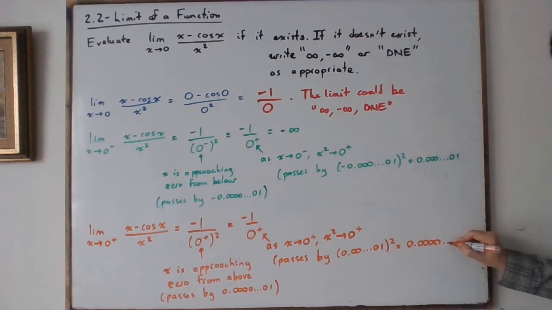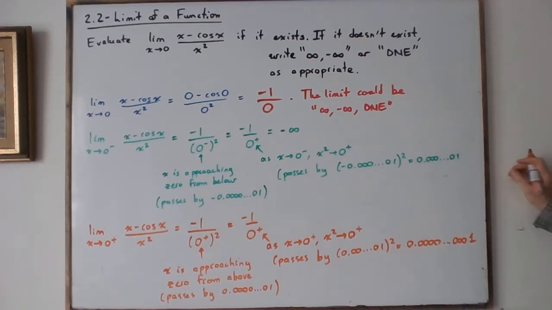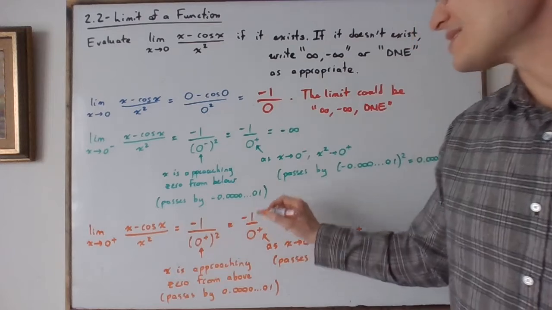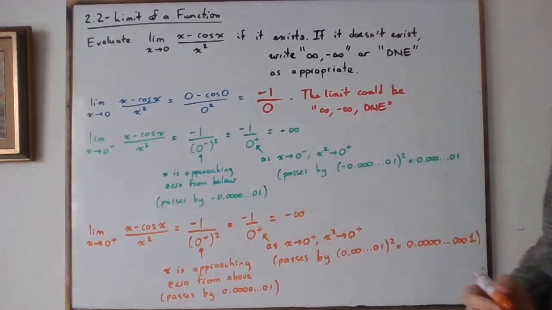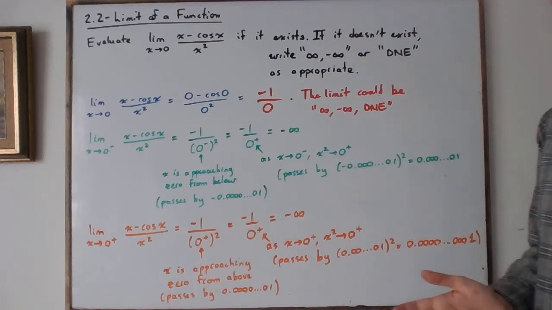So you have the same conclusion: negative 1 over 0 from above. That's going to negative infinity.